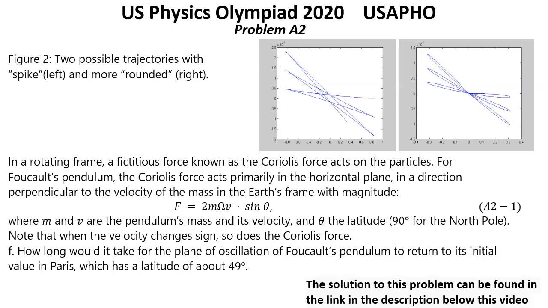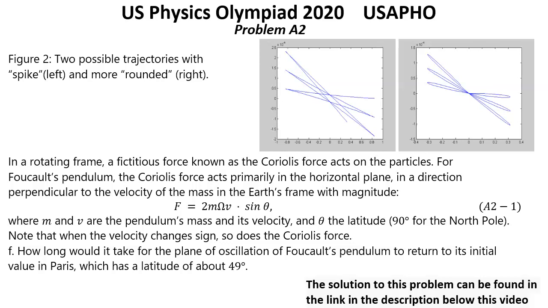In a rotating frame, a fictitious force known as the Coriolis force acts on the particles. For Foucault's pendulum, the Coriolis force acts primarily in the horizontal plane in a direction perpendicular to the velocity of the mass in the Earth's frame, with magnitude F equal to 2 m Omega v sine theta, where m and v are the pendulum's mass and its velocity, and theta is the latitude, 90 degrees for the North Pole.